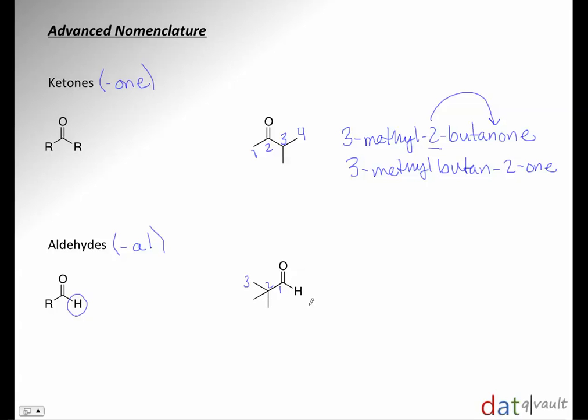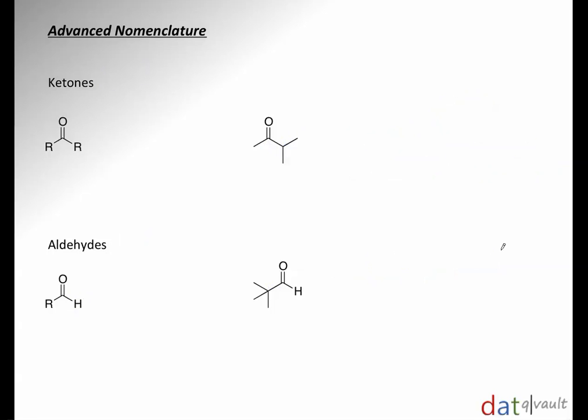We have 2 methyl groups off of the number 2 carbon, so it's going to be 2,2-dimethylpropanal. Since the aldehyde is at the 1 position on the carbon, there's no need to number the aldehyde.